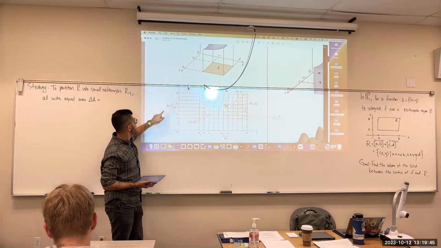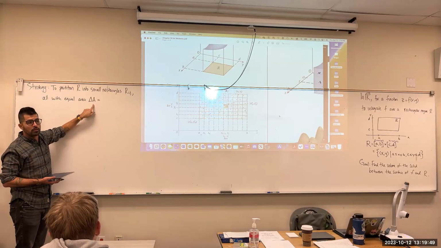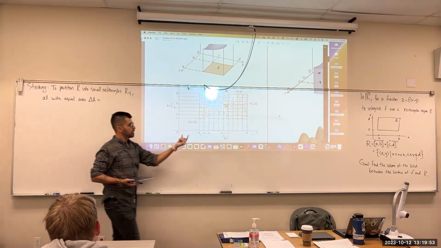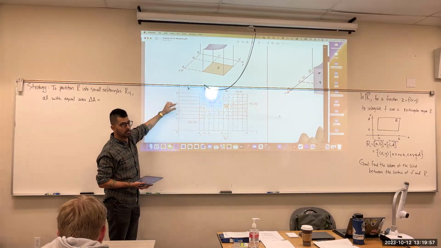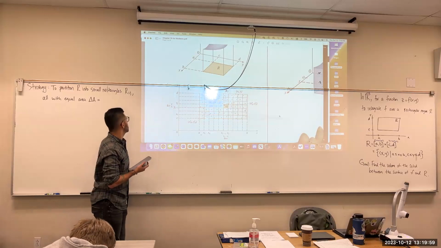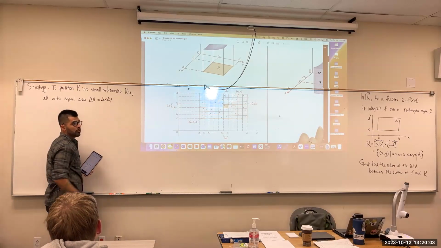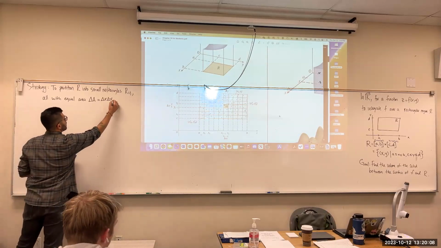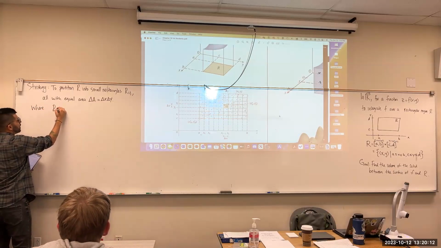And so what's the area of each little rectangle? Its width, which is delta X, times its length, delta Y. So all rectangles will have this as their area. All of those are Rij rectangles, okay? Where, what is Rij exactly?